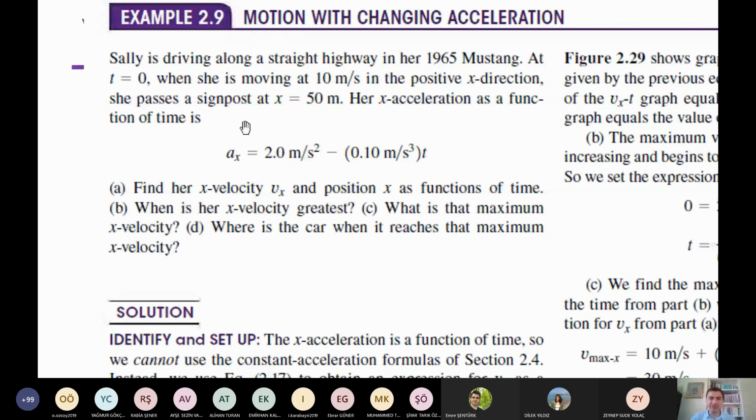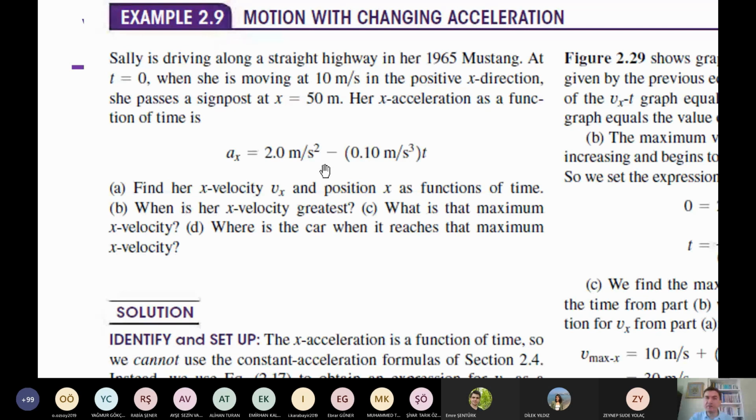So look at the acceleration. In the previous questions, acceleration is just given as, let's say, 2 meters per square second. That's all, constant acceleration. But here, acceleration is given with an additional term, which is multiplied by time. So what do you see here?